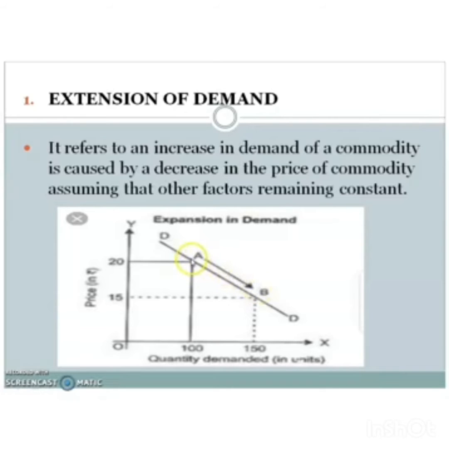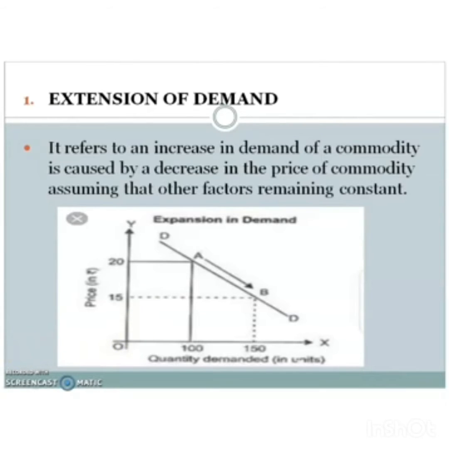If the price falls from 20 to 50, the quantity demanded increases from 100 to 150. So the point shifts from A to B, but it happens on the same demand curve. That is the extension of demand: increase in demand due to decrease in price.